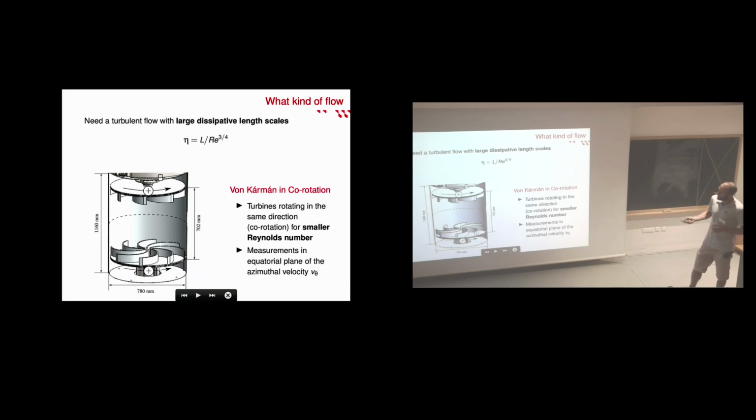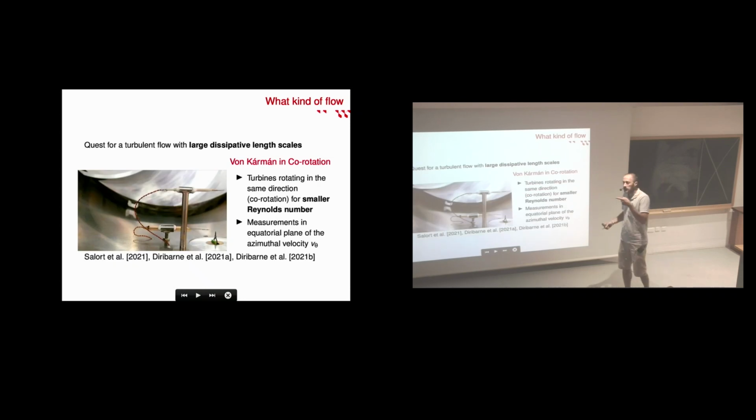So we chose a particular configuration of Shrek in which we don't rotate the turbines, as Bernard showed you, in opposite directions, but in the same direction. So we call it co-rotation. And with that, as you'll see, you obtain something like a solid body rotation with some bulk turbulence near the walls. And we have put here in the equatorial plane some velocity sensors that are targeted towards the azimuthal velocity.